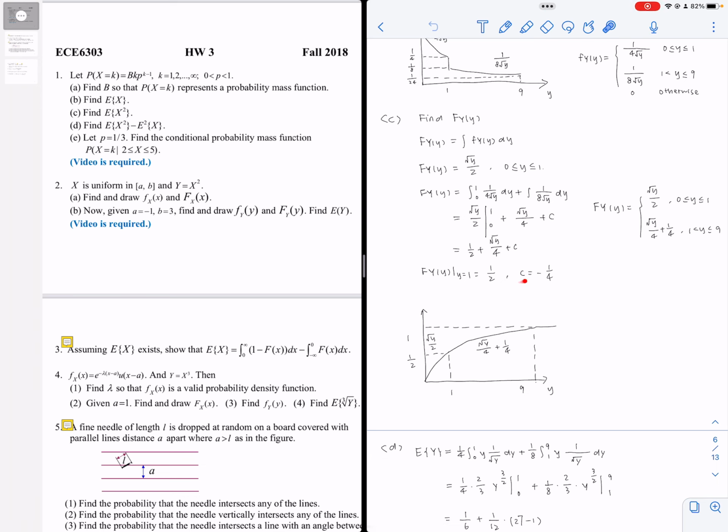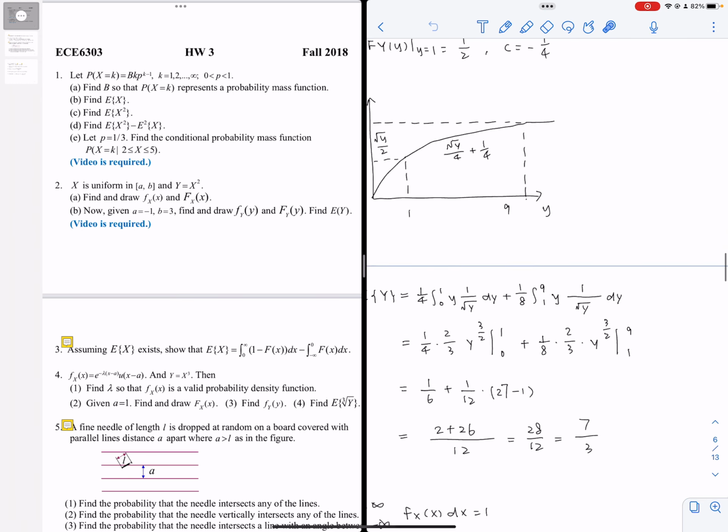And so we have c is equal to minus 1/4. When y is between 0 and 1, we have square root of y over 2. Otherwise, from 1 to 9, we have square root of y over 4 plus 1/4.